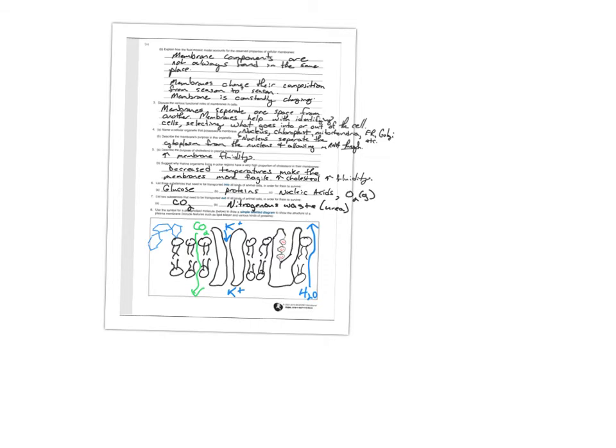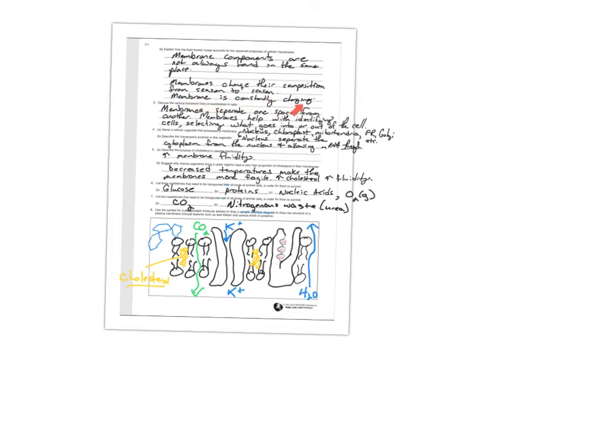protein they have, etc. So in order to explain all the different observations we've made, we can say that the membrane components are not always found in the same place at the same time, and that membranes change in their composition from season to season.